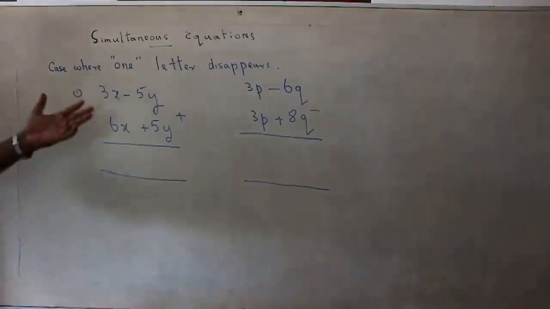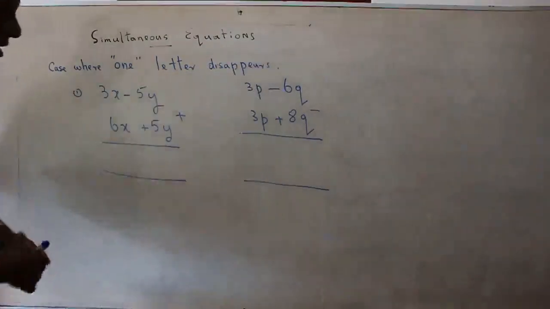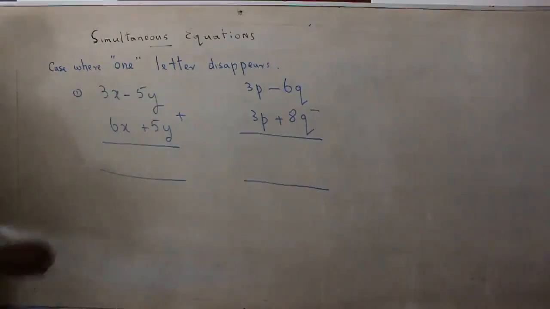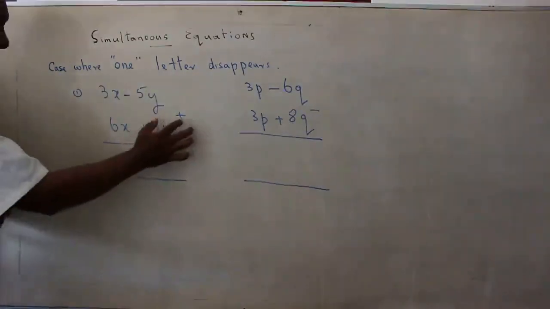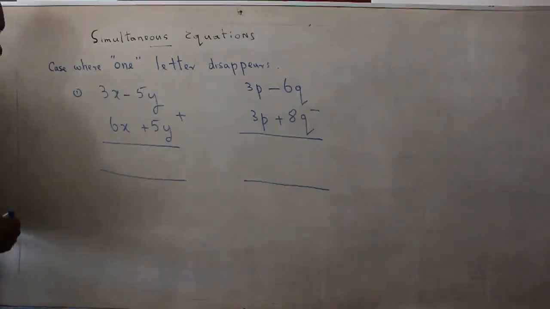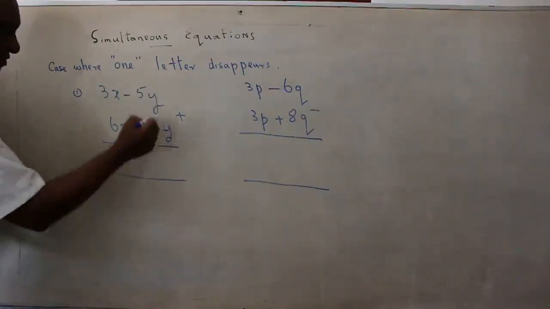Okay, special case. Case where one letter disappears. Take this problem where 3x minus 5y is written on top, 6x plus 5y at the bottom, and there is an addition sign here. Now when you add, I have told you that the bottom line does not change sign. They are combined directly. Minus 5y plus 5y, when you combine, what will happen?